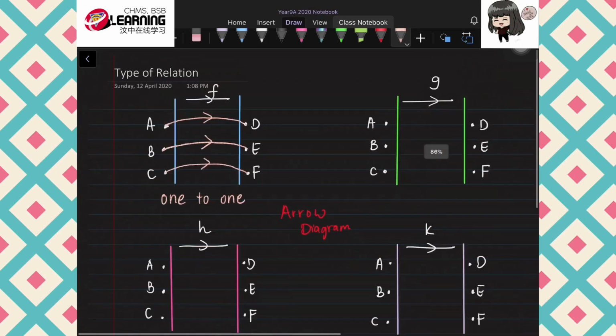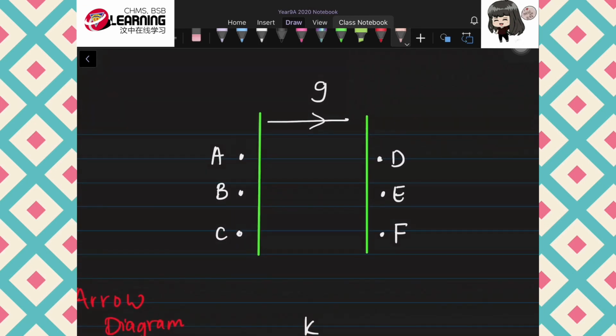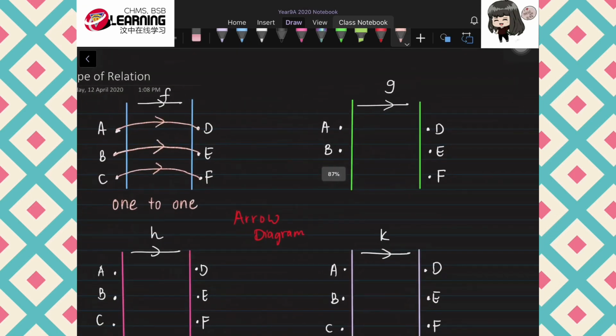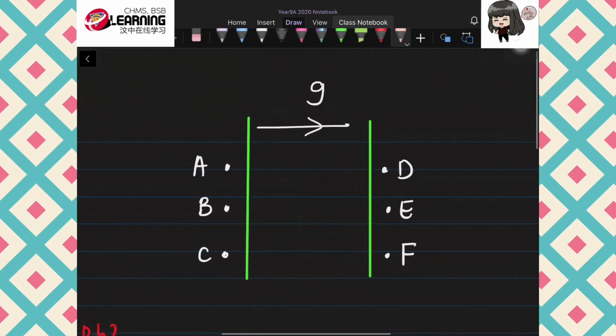Okay, so another type of relation, I'll let you figure out what type of relation it is later. Object A will map onto image D. And object B goes to, or maps onto, the same output, which is D, the same image.